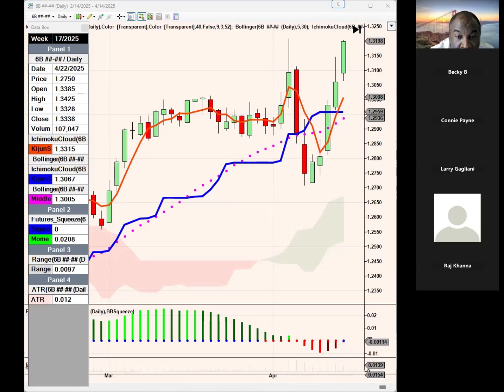So if I hit the first target, what will that be in dollars and cents? What's 128 times 62.5 cents? At first target we make $80.31.